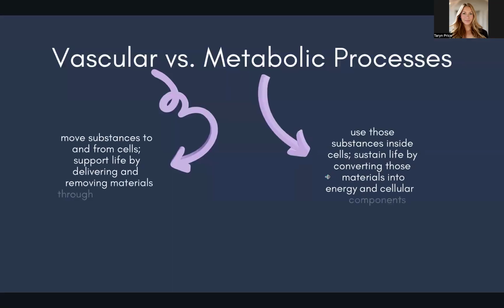Another one I wanted to differentiate was vascular. This is metabolic, in case you weren't sure what the difference was between those two. So a vascular process, this is something that vascular systems move substances to and from the cells. So we're talking about systems that support life by delivering and removing materials through blood flow.